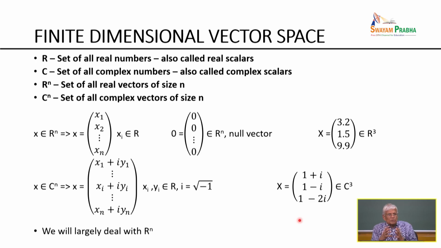So many of the problems in quantum mechanics can be formulated as a problem in complex vector space. So data science involves problems in quantum mechanics as well. So depending on your needs, I can work in the n-dimensional real vector space or the n-dimensional complex vector space.